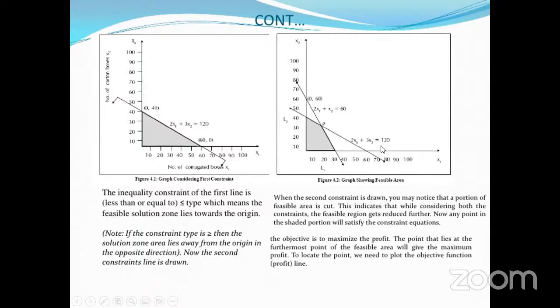To solve, any one of the x1 or x2 values must be equal. Here in both equations we have 2x1. So 2x1, 2x1, if you change the sign, it will get cancelled. 3x2 minus x2 is 2x2 equals 120 minus 60, which is 60. 60 by 2 is 30.